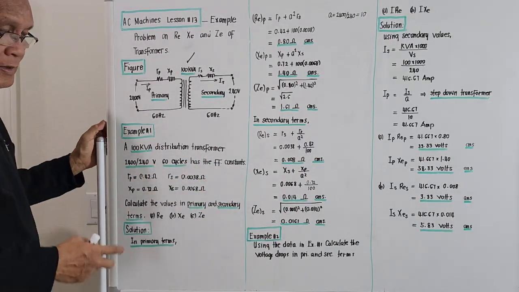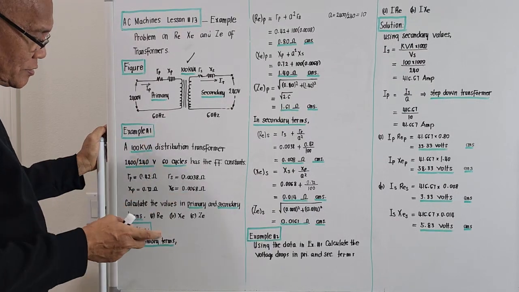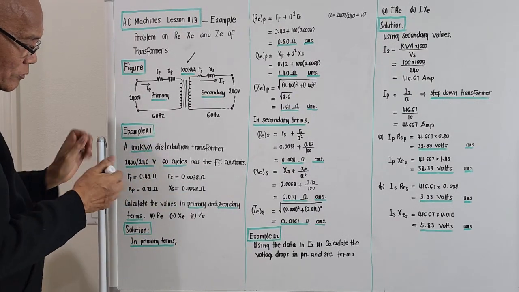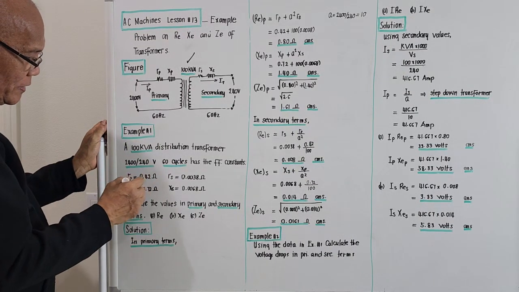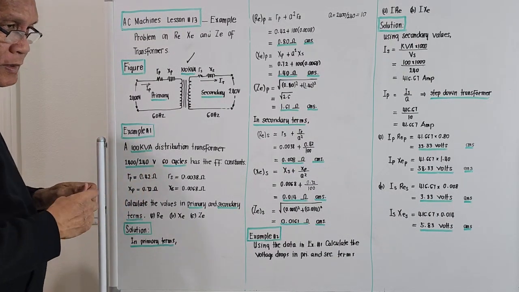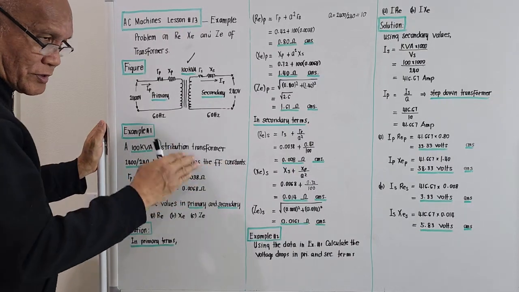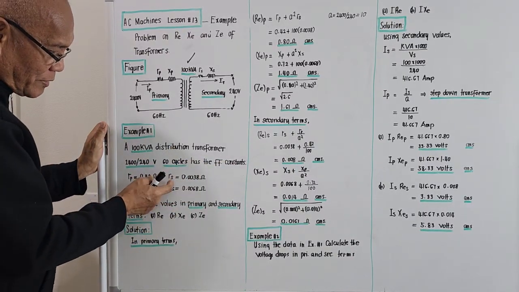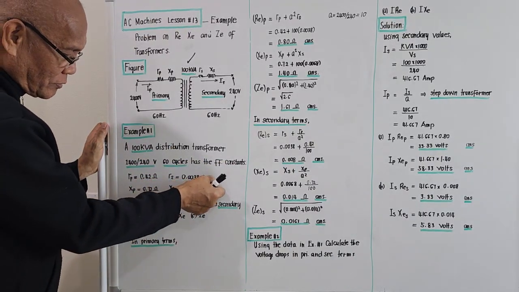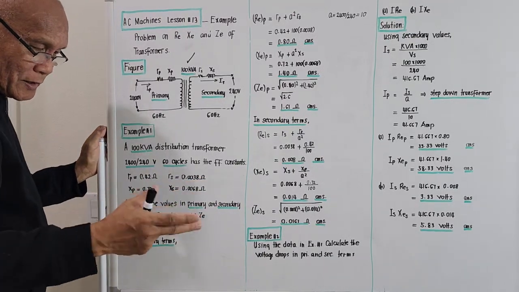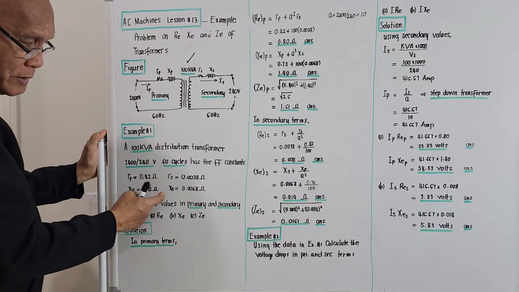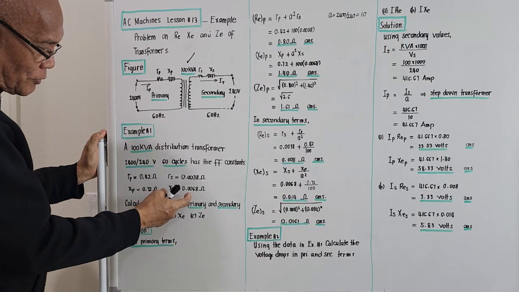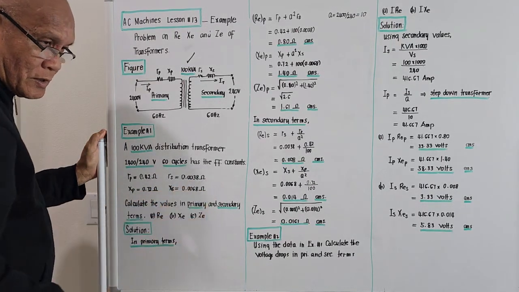The internal resistance on the primary side is 0.42 ohms. Subscript P here refers to primary. The internal resistance on the secondary side, that is R with the subscript S, will be 0.0038 ohms. For the reactance on the primary, it is 0.72 ohms, and the reactance on the secondary is 0.0068 ohms.